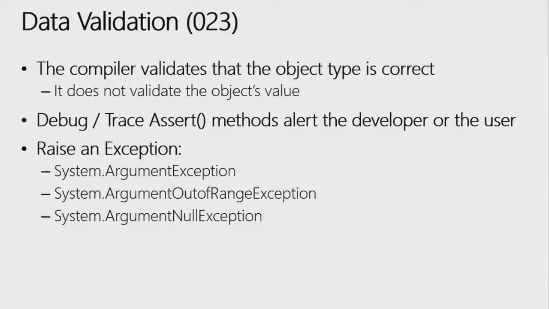So that is fundamentally what data validation is. The problem is not just that the data's bad, it's that it could be okay but out of range. You expect the number to be between something and something, and they've given you one too many.